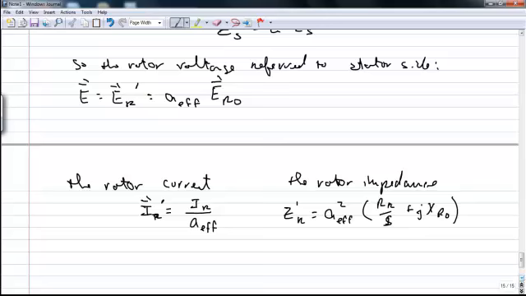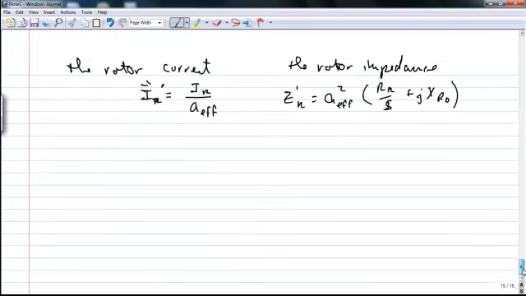And now we can draw the final equivalent circuit.